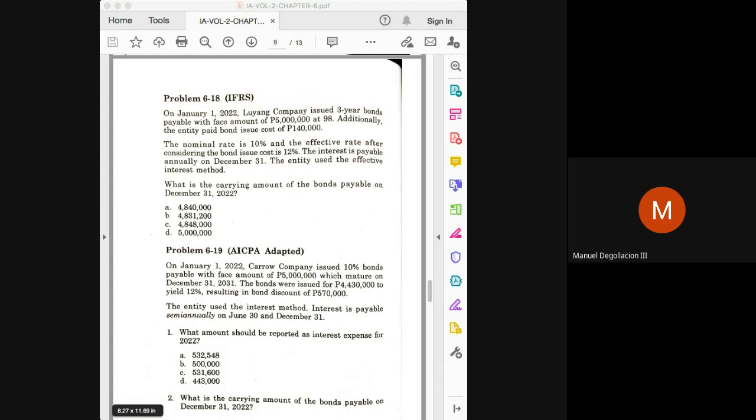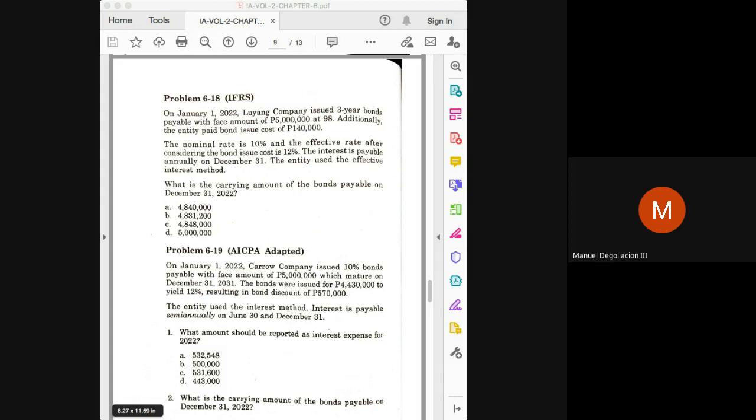So the question is for the carrying amount of the bonds after 1 year, but to answer that, we need the remaining discount, the unamortized discount. For us to get it, we need to solve first the amortization on the discount for the year.